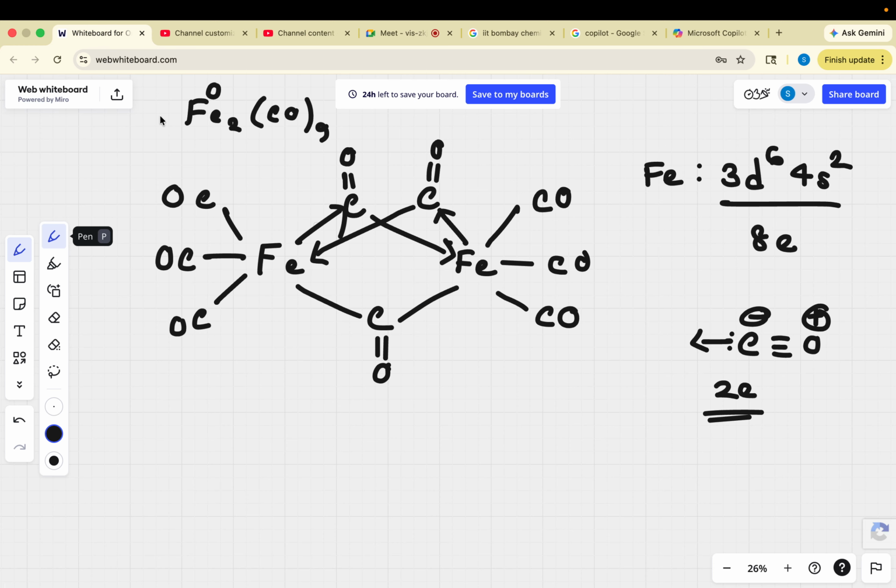So you just remember this: if you have the Fe2(CO)9 structure, 3 will be terminal to each of the two iron centers, and 3 carbonyls will be bridging.